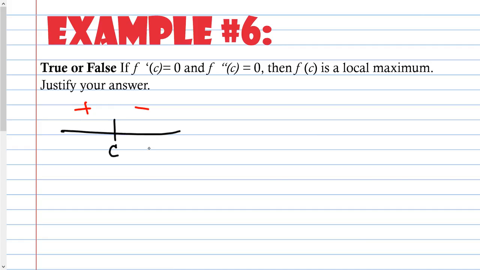But if we also have the second derivative test, and c is where it also equals 0, then that means that my inflection, or my concavity, changes here. So it went from being concave up to being concave down.